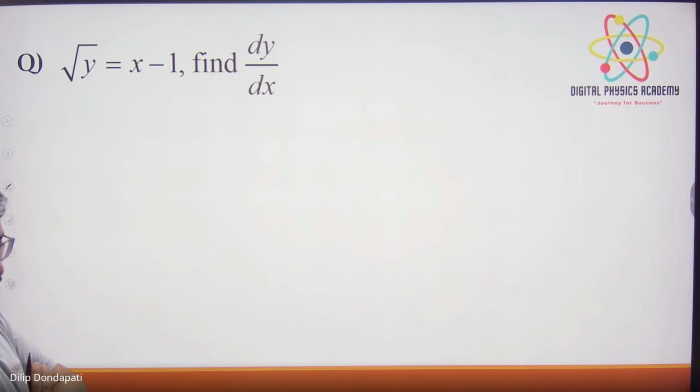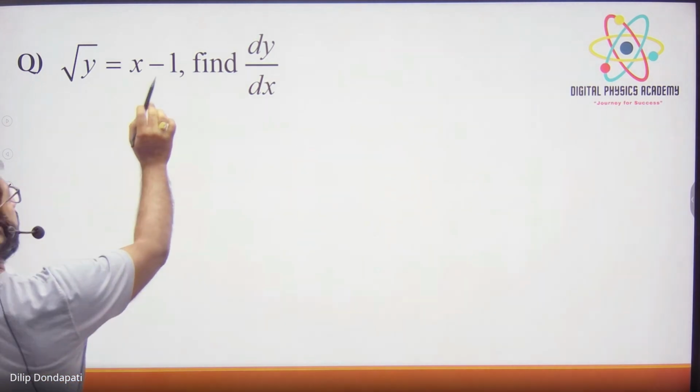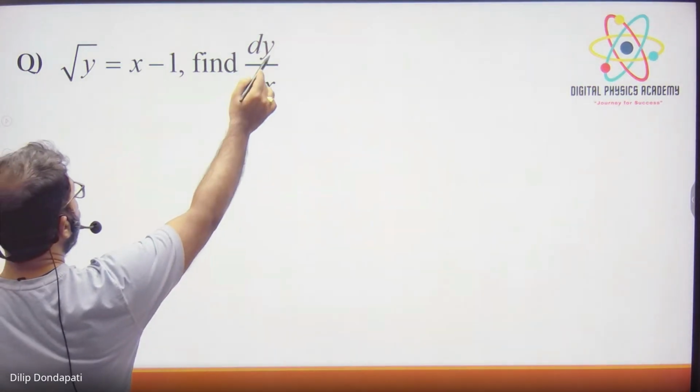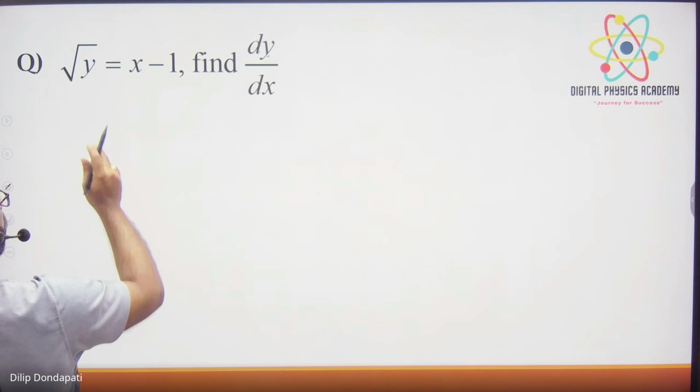Yes, correct. See, root y is equal to x minus 2 is there. He is asking dy by dx, not for root y. So remove the root.